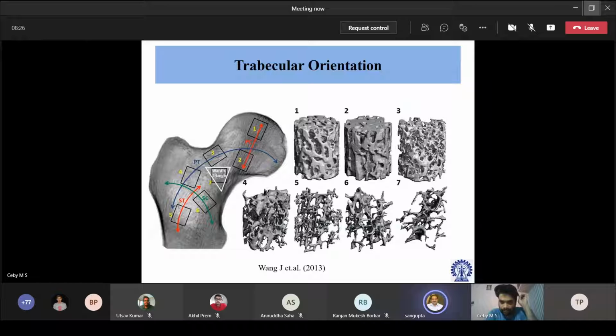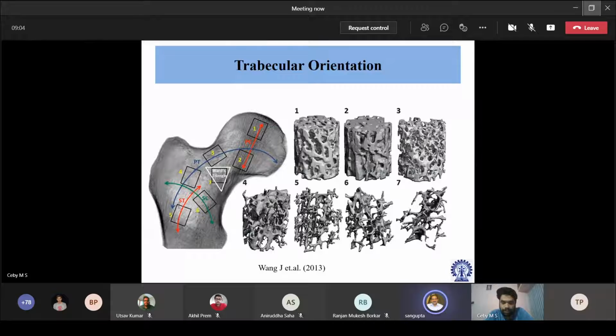Bone exists in two phases, the solid and the liquid. If you take one small sample of bone, depending on the bone mineral content, some part is fluid and some part is solid. So it's a porous structure anyway, the cancellous bone. If you take one unit cube, that is one trabeculae. The orientation of these trabeculae is what we call trabecular orientation.